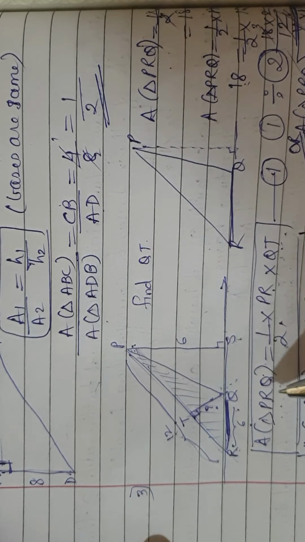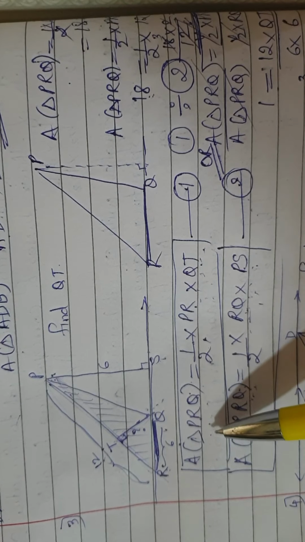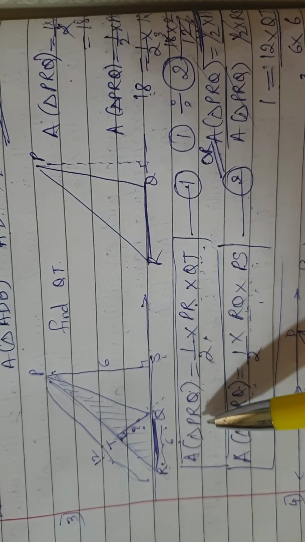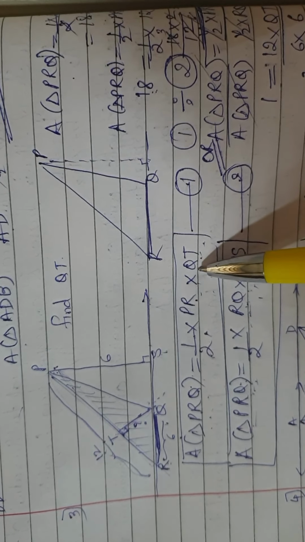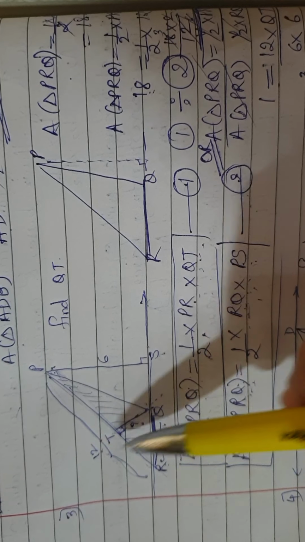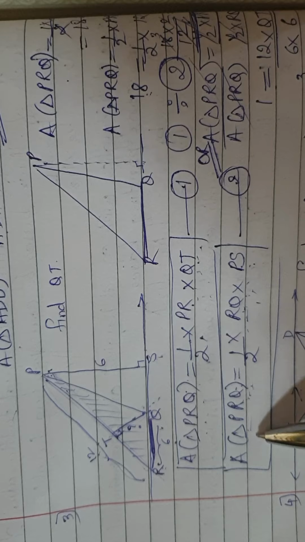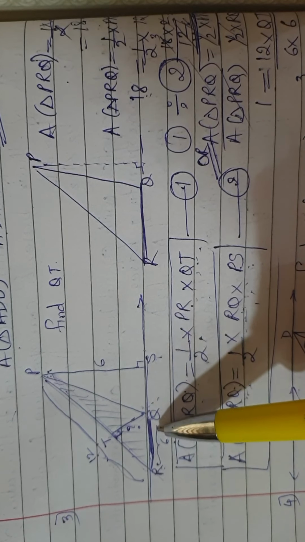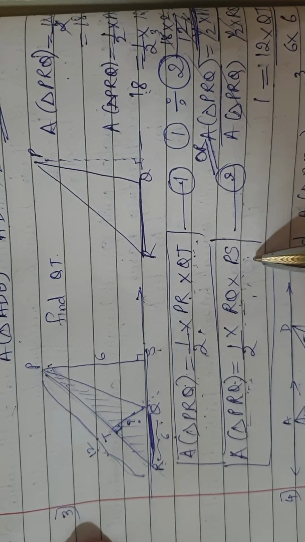So what you can do is, it's the same triangle, so I'm going to find the area by two methods. Area of triangle PRQ by the normal way, half base into height. I can use base 12 and the height QT and keep it. Then again I find the area of the triangle by taking the base as RQ, 6, and PS as the height. I can calculate the value of the area.